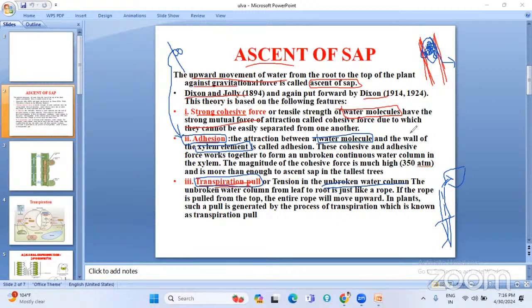It appears as a continuation, like a rope. If the rope is pulled from the top, the entire rope will move in the upright direction. But before that, how is the column formed?